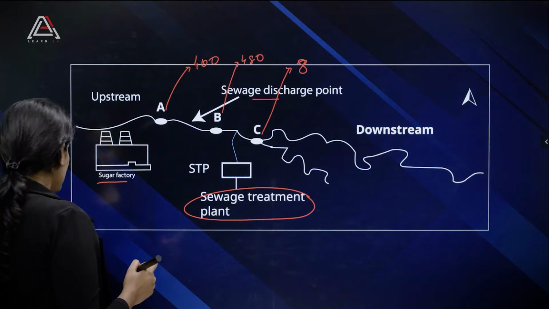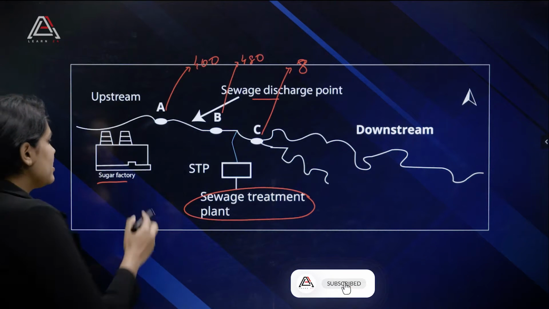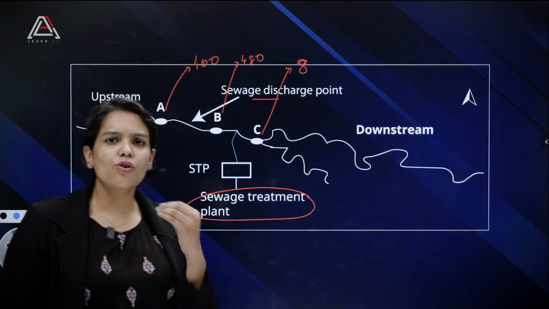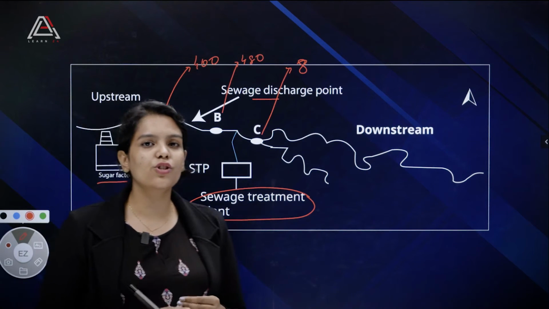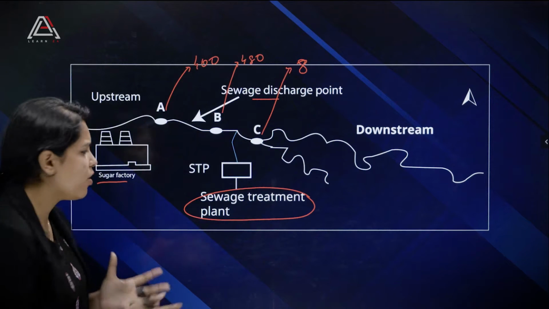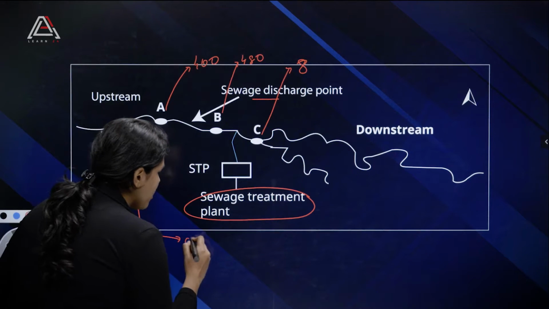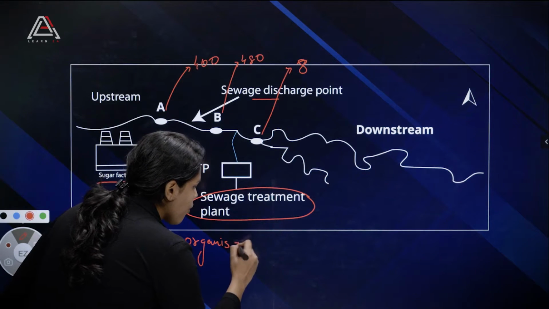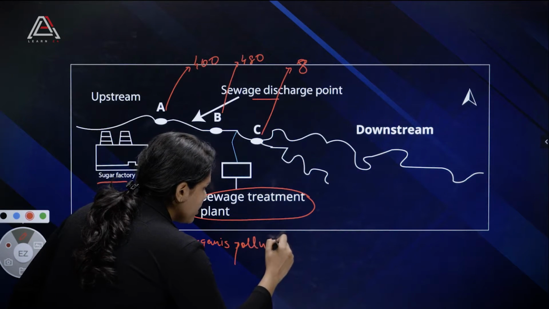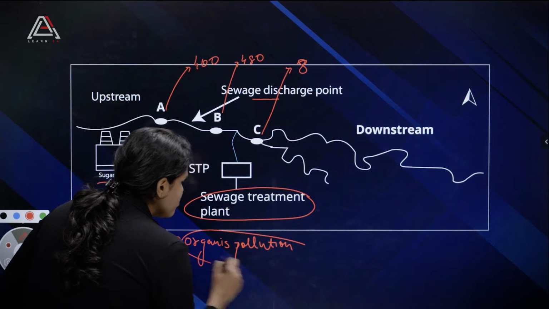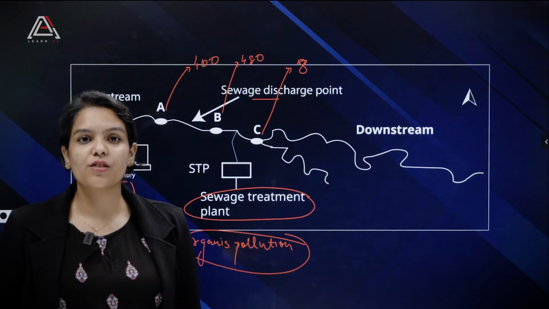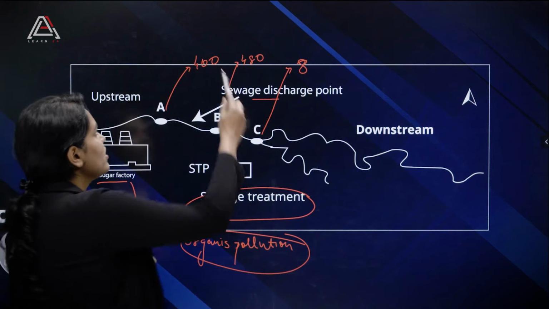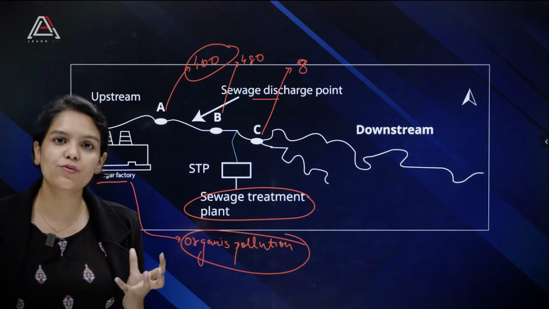Okay, so now you can see near the point A there is a sugar factory, right? So what sort of pollution is coming out of a sugar factory? Organic pollution, right? So the organic pollution is the one which is being discharged from the sugar factory. Okay, so as this organic pollution is being discharged from the sugar factory, that is why at point A the BOD level is high, that is 400.